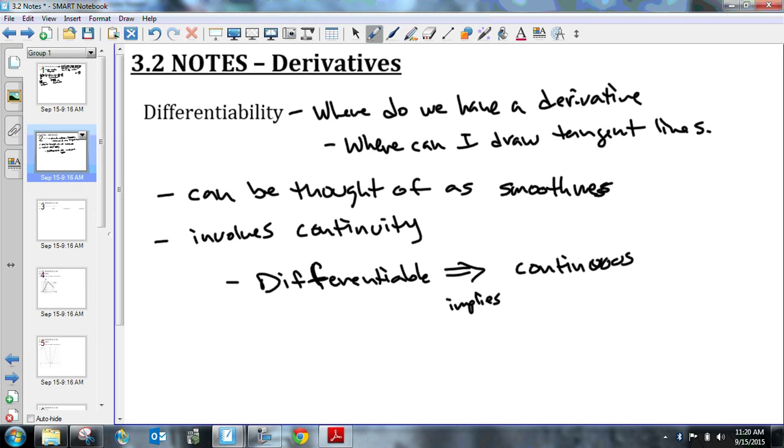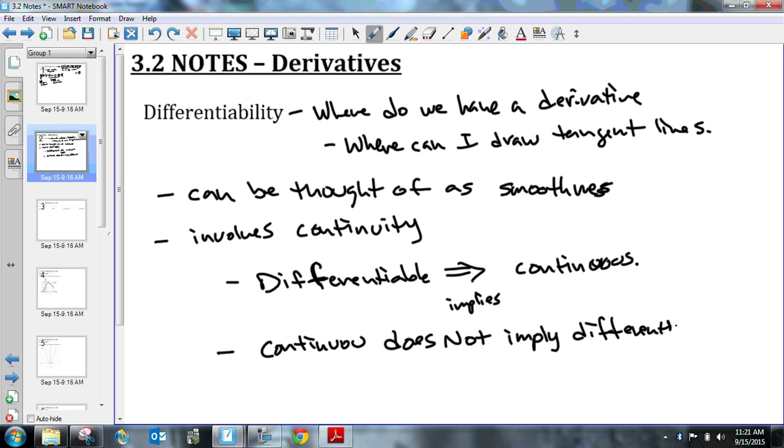If a function is continuous, it does not imply differentiability. So what I know is that if a function is differentiable, if we're given that information, then I know it's continuous, okay? However, if I know a function is continuous, I do not know if it's differentiable or not.